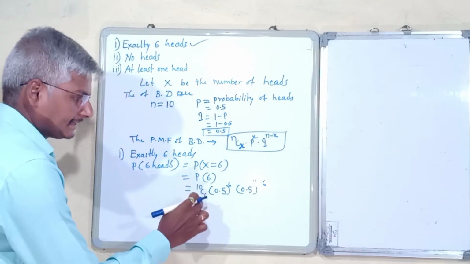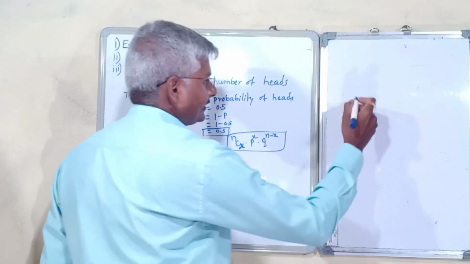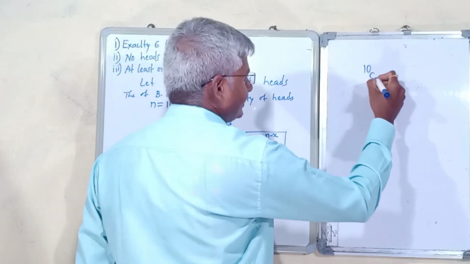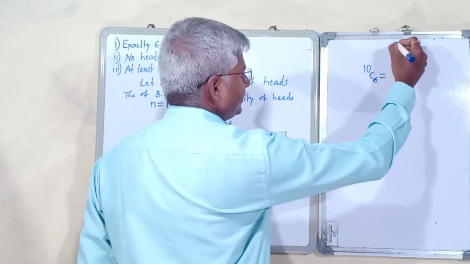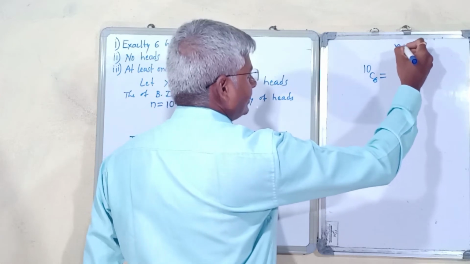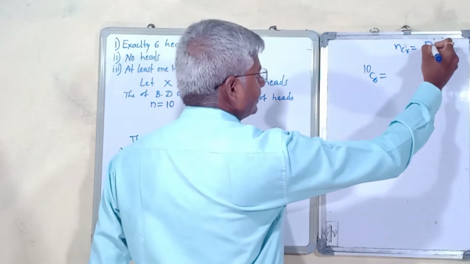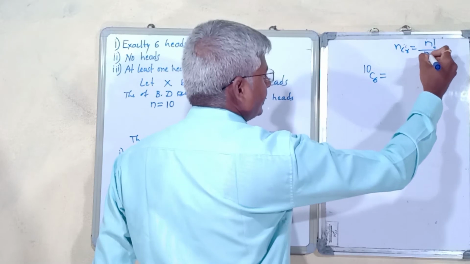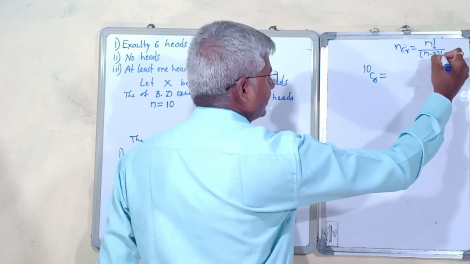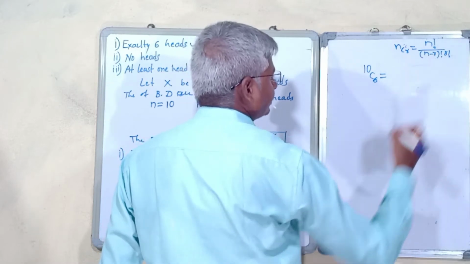You need to find out 10C6. For this we need to apply the formula, nCr equals n factorial divided by n minus r whole factorial into r factorial.